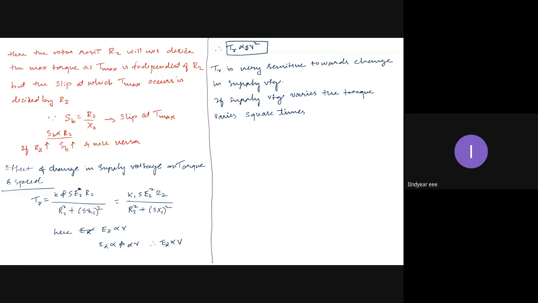The reasons are different, because the output of the inverter may not be constant all the time. Though we use voltage regulators there, because of harmonics and so many things, the output will change. So the behavior of the induction motor is very sensitive towards these supply changes. That is what I want to mention.